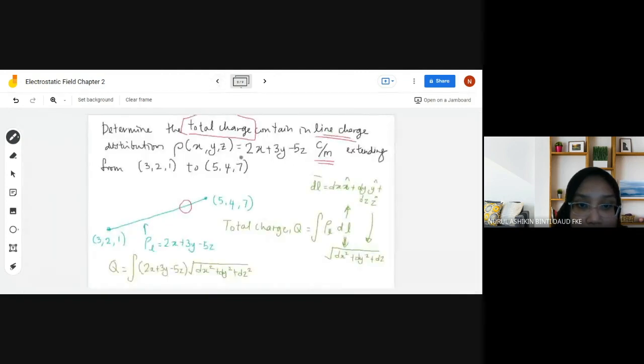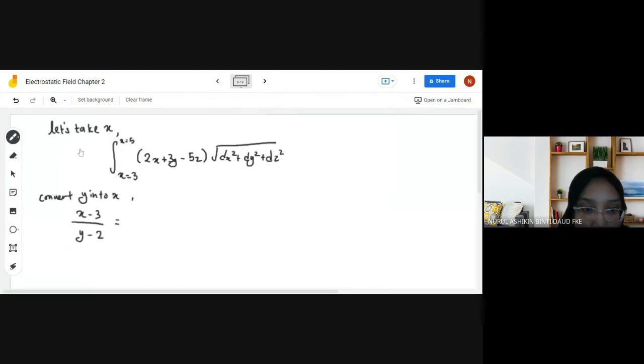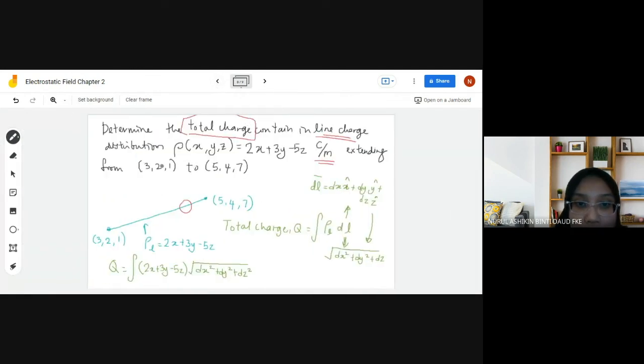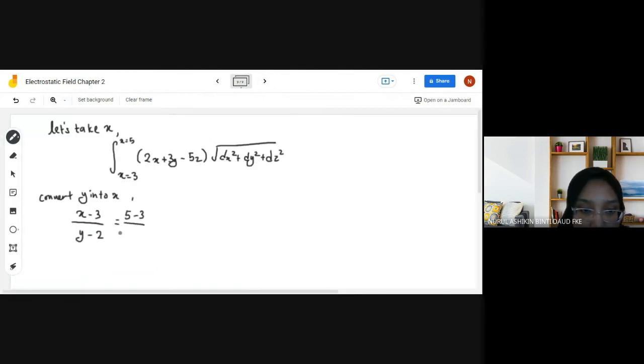What is the destination? The destination is 5 minus 3 over, on the y-axis, 4 minus 2. So we get 5 minus 3 over 4 minus 2, which is 2 over 2, equals 1.